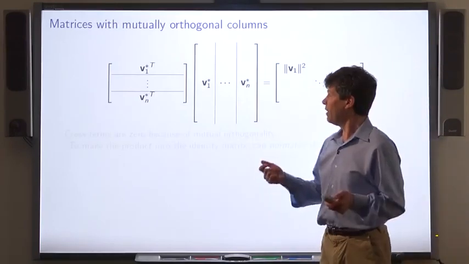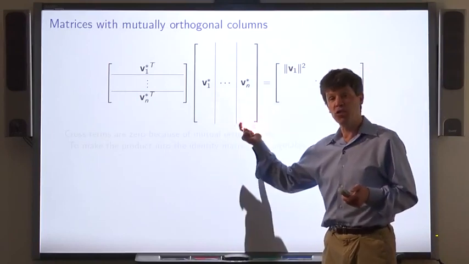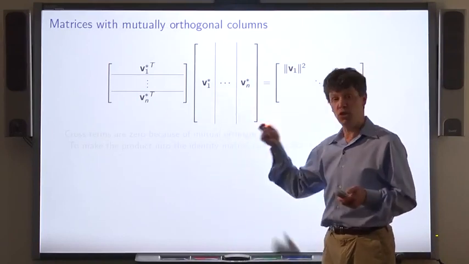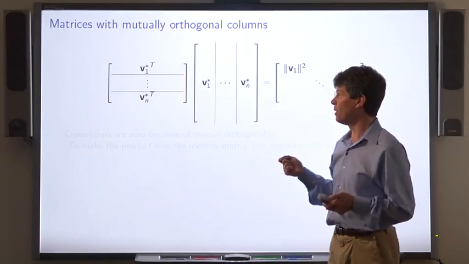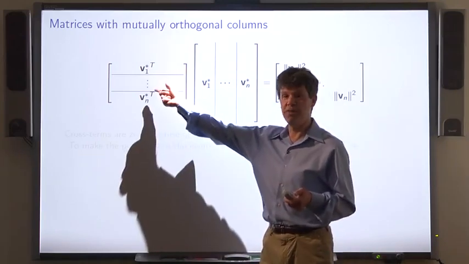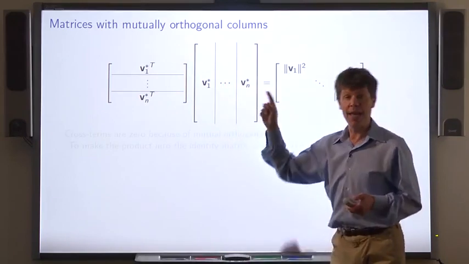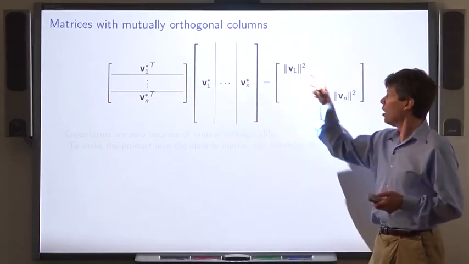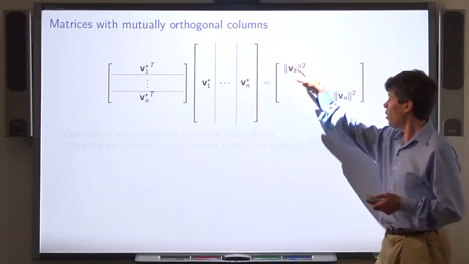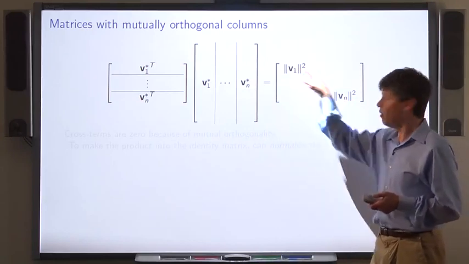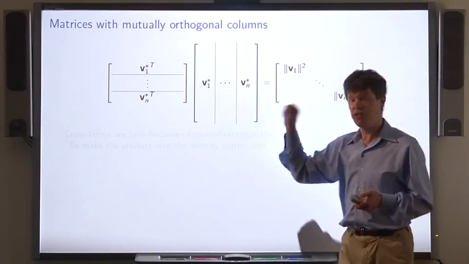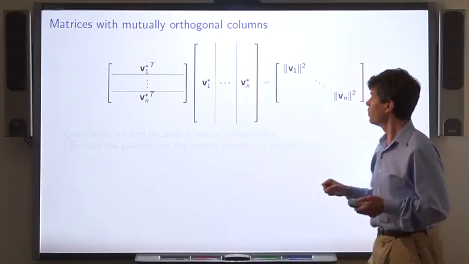Now, notice that a matrix whose columns are mutually orthogonal has a special property. If you take the transpose of this matrix and multiply it by the matrix itself, then you get a matrix whose only non-zero elements are the diagonal elements, and those diagonal elements are the squared norms of the columns. Why is that?